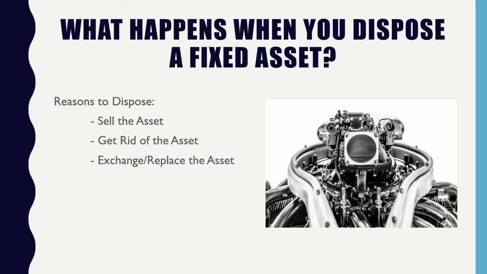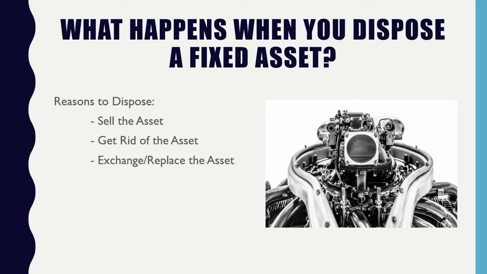You can get rid of it off of your books by just dumping it into the trash can. And then, of course, you can also exchange it or even replace the assets. You can include repair, right? If you think this asset's still worth the value, or still can push through to continue working, you can even fix it, right?